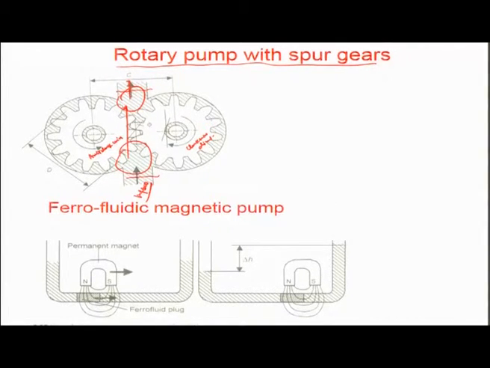This actuation is being done through small motors, and fluid gets actuated so that it can pump across different domains. There are ferrofluidic magnetic pumps, which are again based on a plug of fluid comprised of some ferromagnetic material.